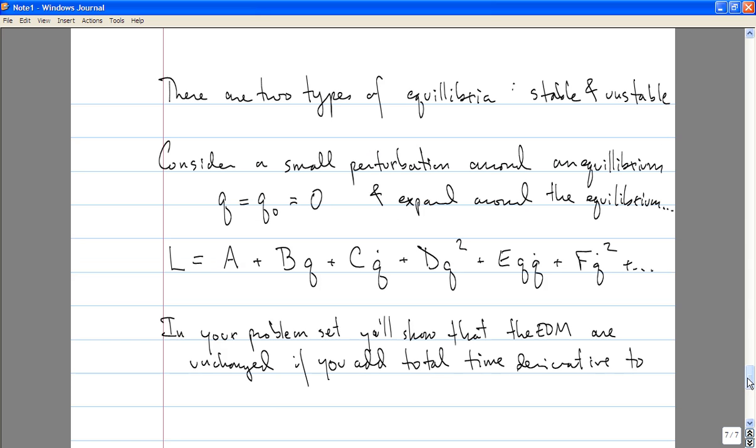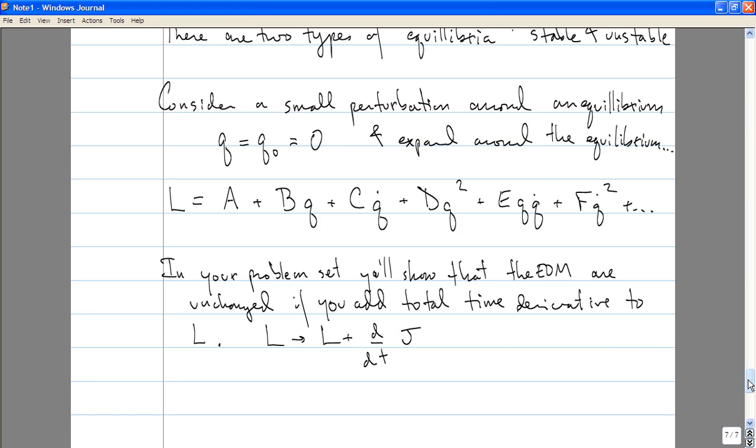So in your problem set, you will prove this explicitly, but it is almost obvious once you know about actions. So why is that? Let's imagine taking L to L plus a time derivative, d by dt, of J. We know that the equations of motion follow from minimizing an action.